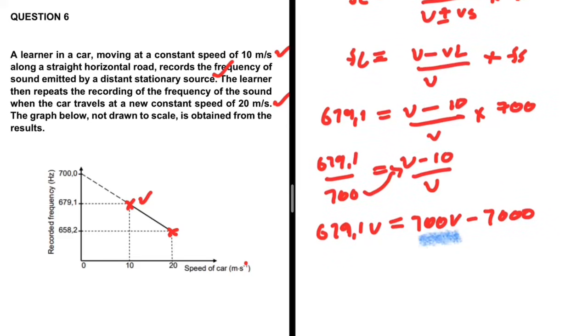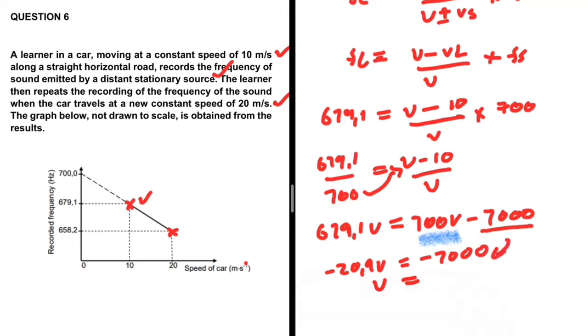So I just need to put that in my calculator. 679.1 minus 700, that is minus 20.9. So minus 20.9 V is equal to minus 700. So V is equal to minus 700 divided by answer will give me, hey, I was getting surprised. This is minus 7,000. Here it is.